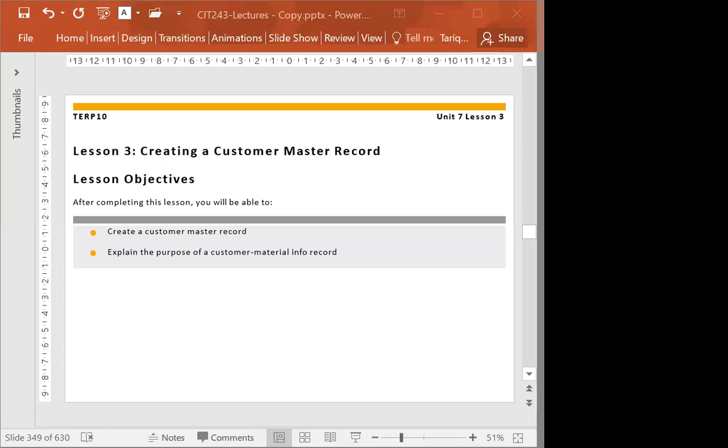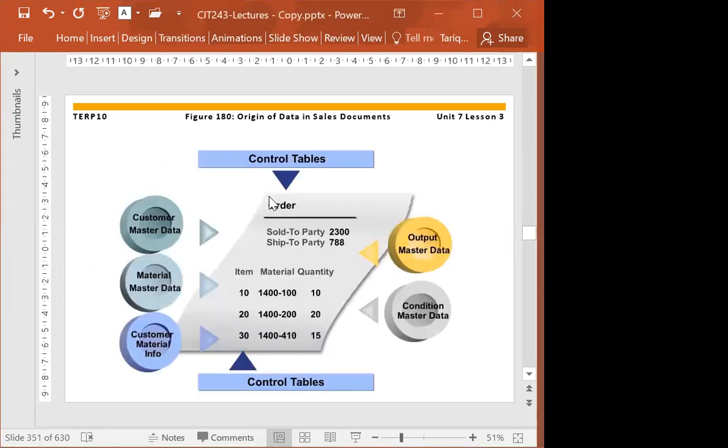And then we have condition master data. So first we talked about the organizational data, and now we are talking about master data. Okay, so customer master data, material master data, customer material info record, and then condition master data.